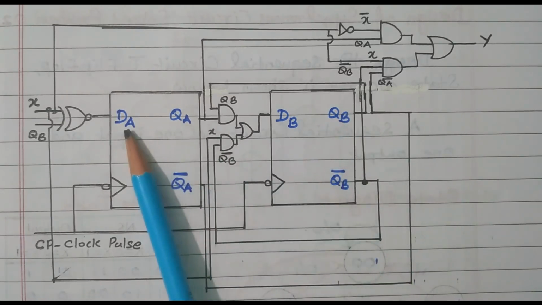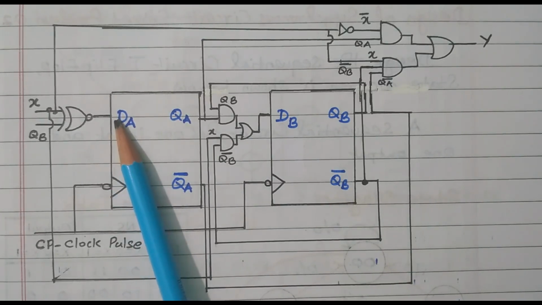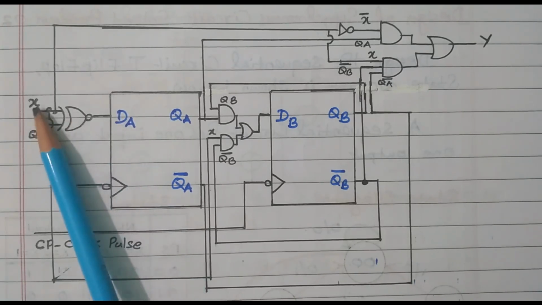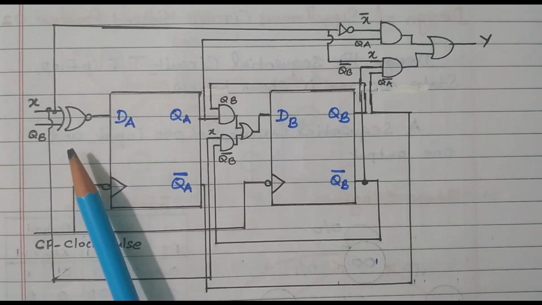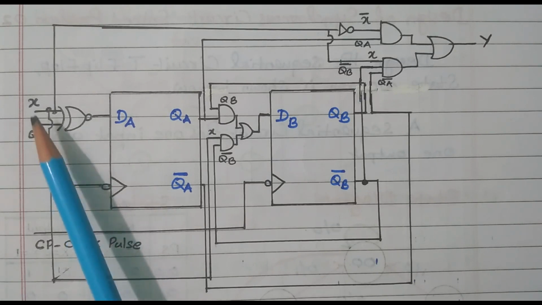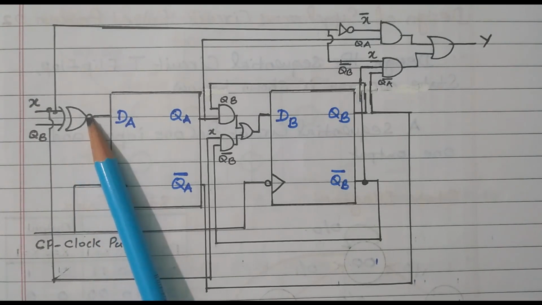Now, we need to design this QA. The expression for DA is X QB bar plus X bar QB, that is nothing but an XOR gate. XOR gate is A B bar plus A bar B. Similarly, we have X QB bar and X bar QB, so that is given as an XOR gate.